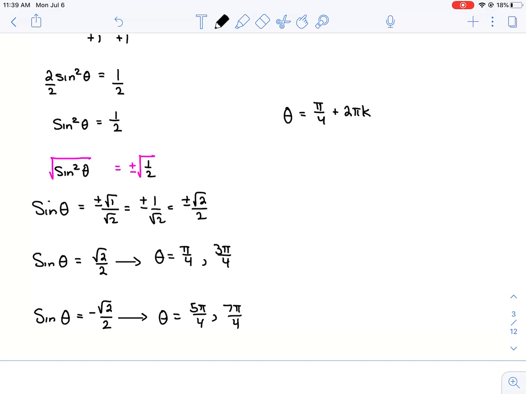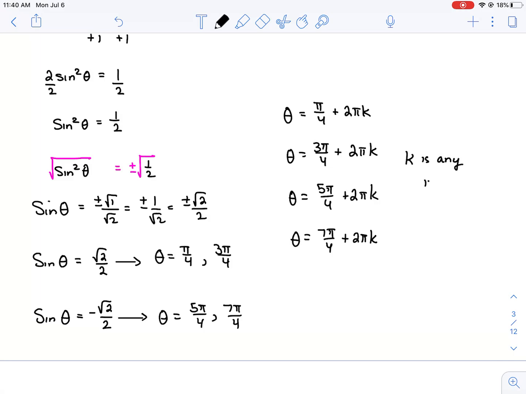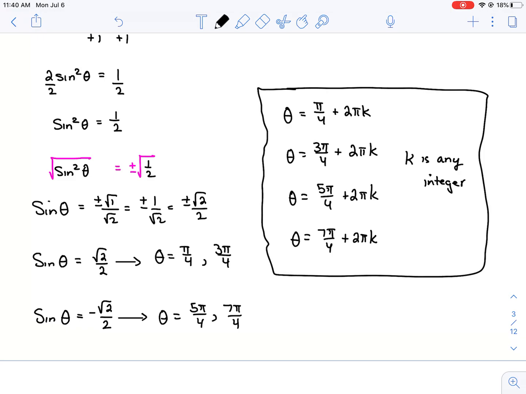So I'm adding a multiple of 2 pi to pi fourths, I'm adding a multiple of 2 pi to 3 pi fourths, and so forth. And here are all of the solutions to the equation.